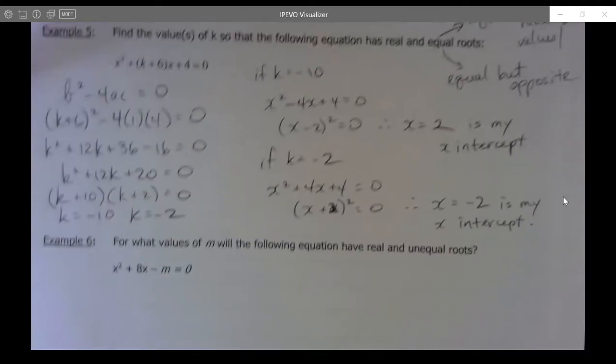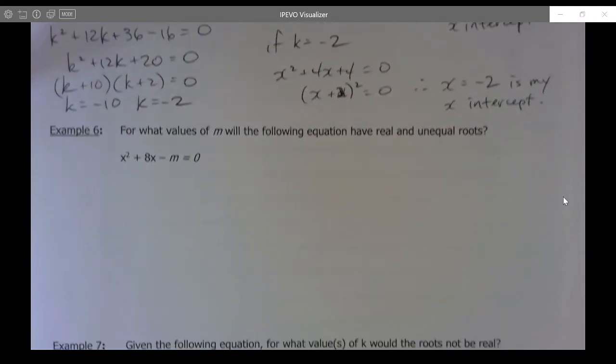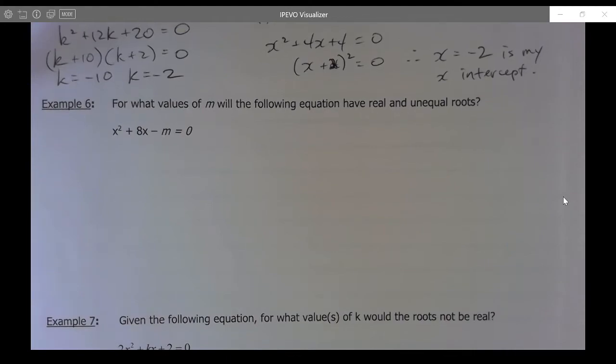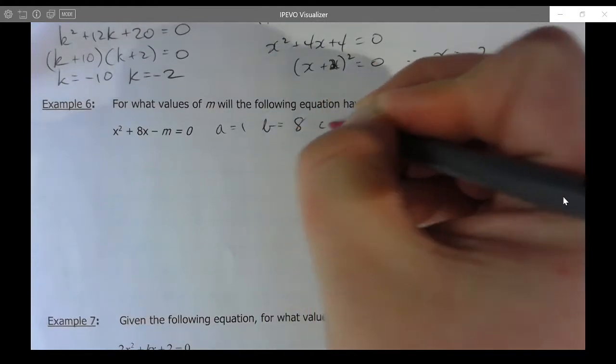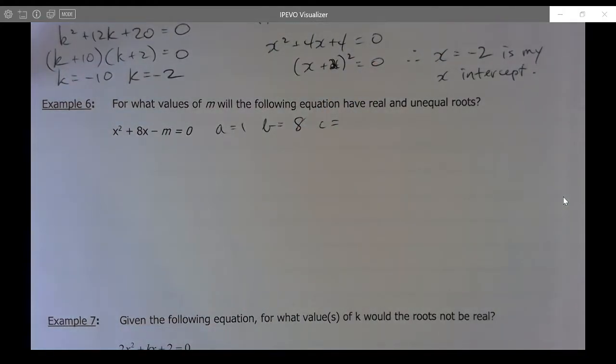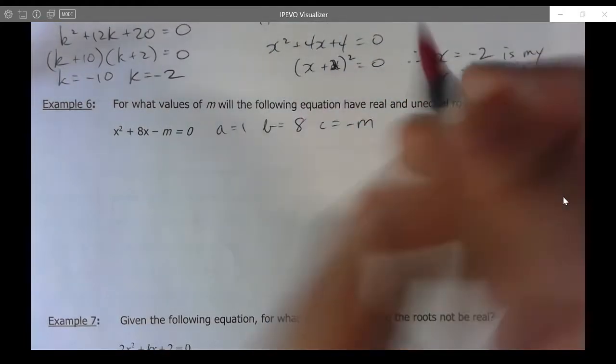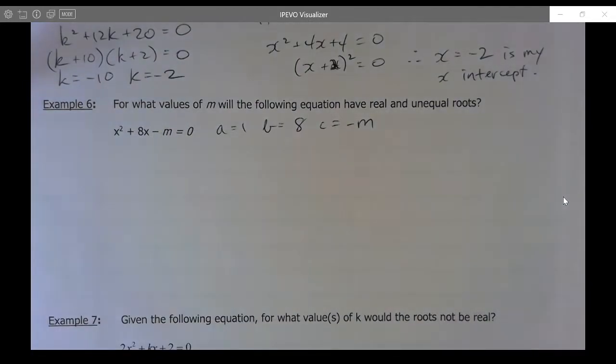Example 6. For what values of m will the following equation have real but unequal roots? Okay, so first of all, we're going to say that that means that a is 1, b is 8, and c is, well, I don't know what number it is, but I know that it's negative m, right? Because that negative belongs to m.